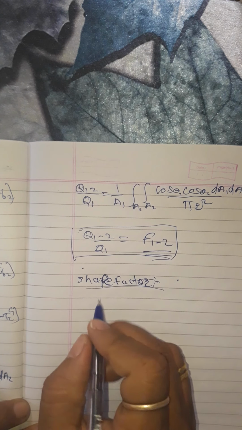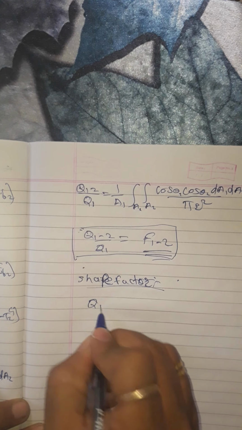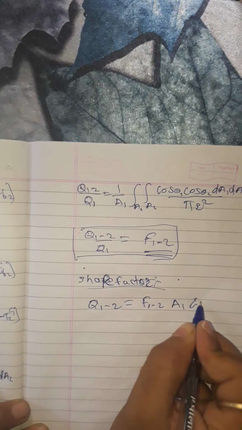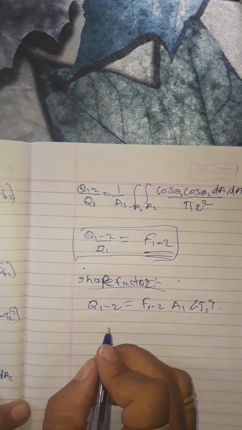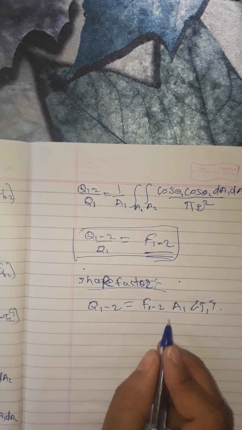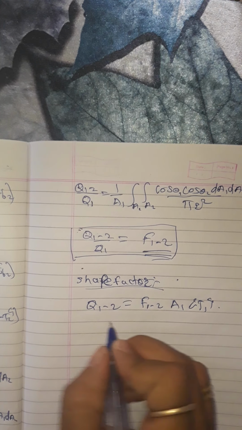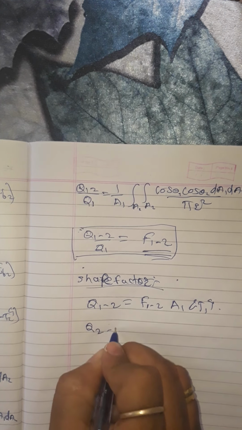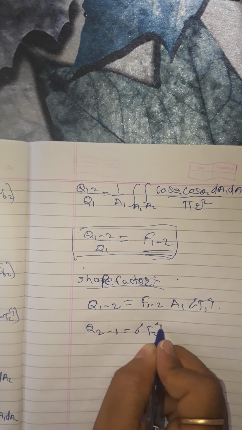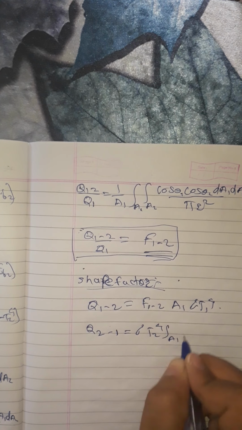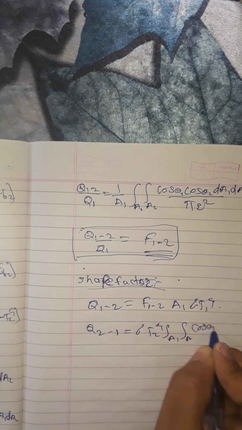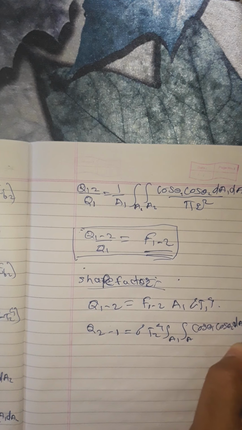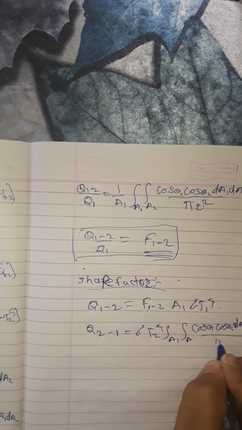So we further have Q1 to 2 is equal to F1 to 2 A1 sigma T1 raised to 4. This is the total energy from 1 to 2, right? Similarly, the energy falling from 2 to 1 is Q2 to 1, equal to sigma T2 raised to 4 into A1 A2 cos theta 1 cos theta 2 dA1 dA2 divided by pi r square.